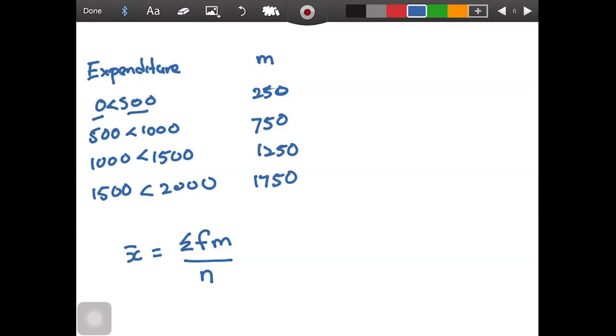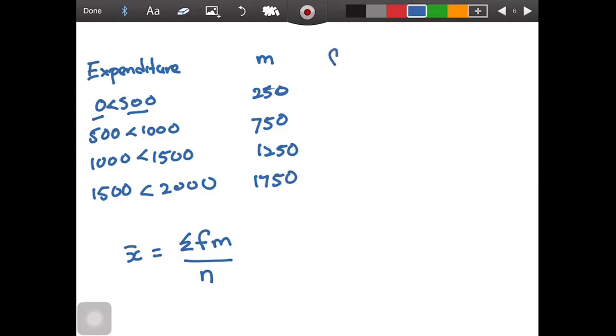Then 500 plus 1000 divided by 2 is 750. Then 1000 plus 1500 divided by 2 is 1250. Then 1500 plus 2000 divided by 2 is 1750. So these are the midpoints you need to calculate.